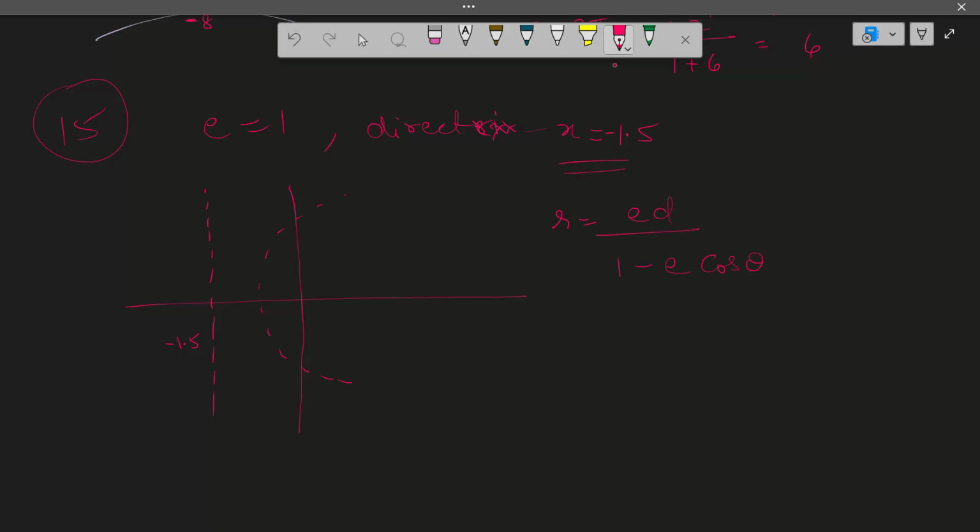Plugging in the values, e is 1 times the absolute value of 1.5, and 1 minus 1 cos of theta. Please remember the limitation is that 1 minus cos theta cannot be 0, or in other words, cos theta cannot be 1.